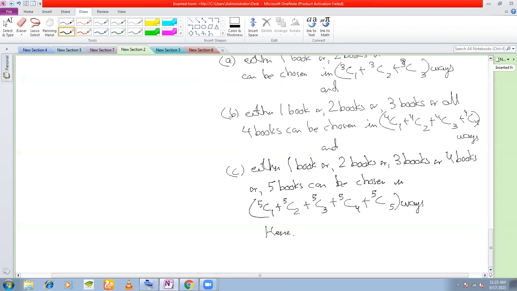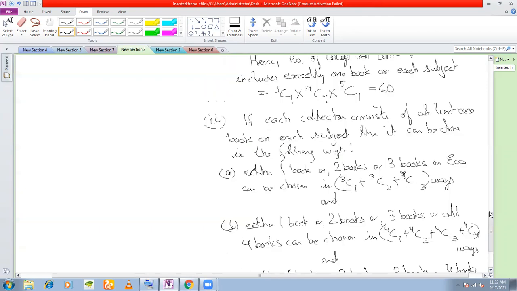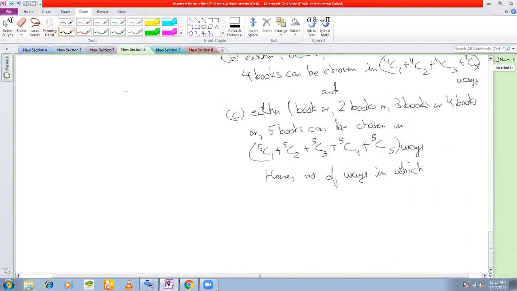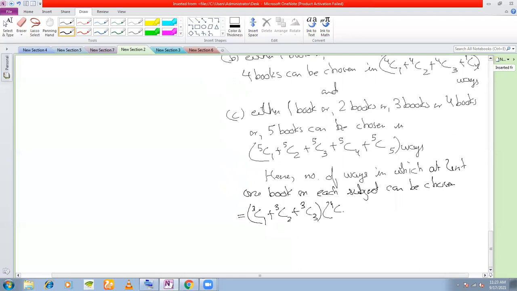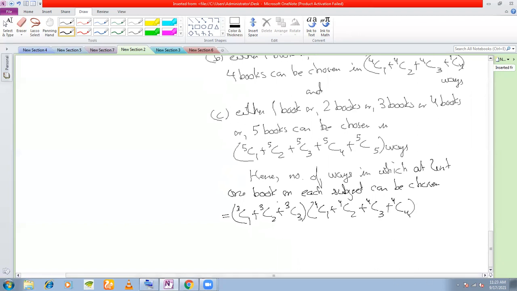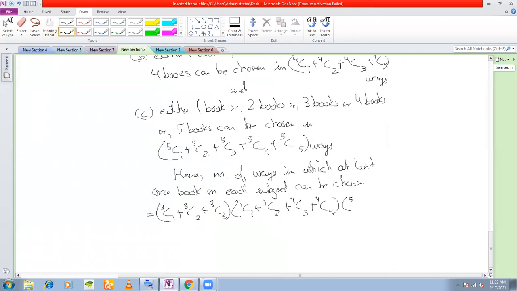Hence, the number of ways in which at least one book on each subject can be chosen is equal to 3C1 plus 3C2 plus 3C3 into 4C1 plus 4C2 plus 4C3 plus 4C4 into 5C1 plus 5C2 plus 5C3 plus 5C4 plus 5C5.